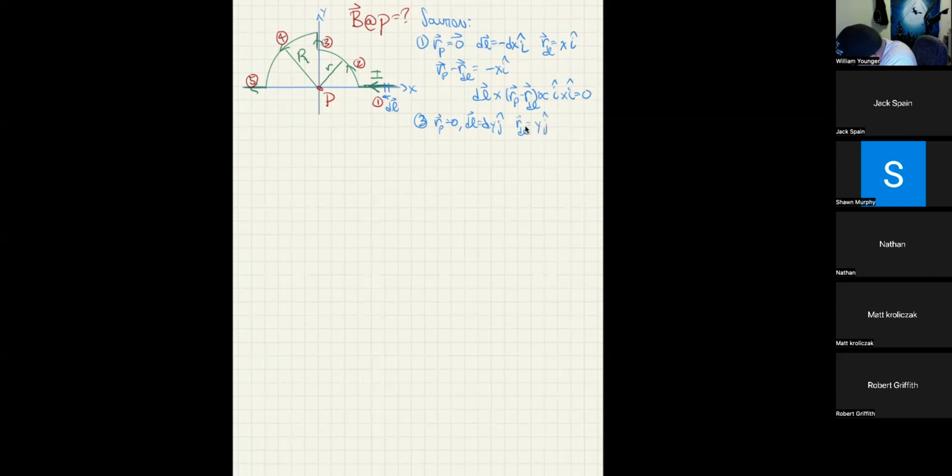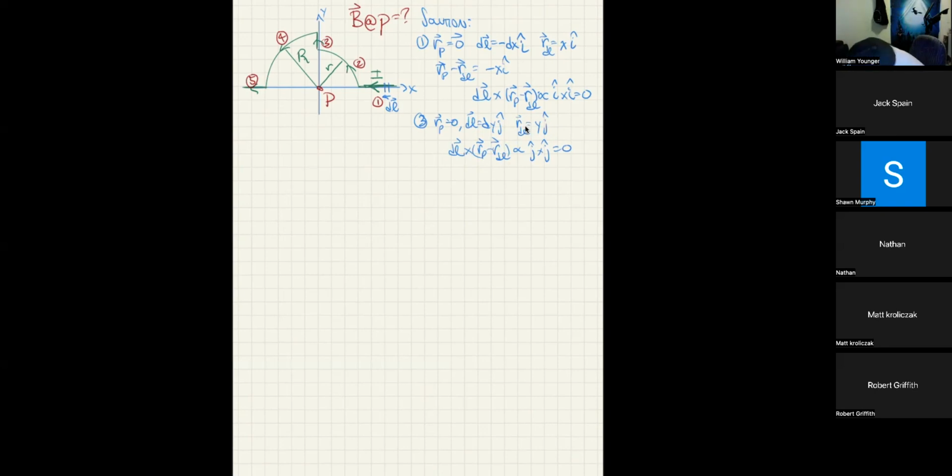So again, DL cross RP minus RDL is going to be proportional to J hat cross J hat, which is equal to 0. So anytime you have a radial line and you're calculating the magnetic field at the origin, all of those radial lines are going to give you a magnetic field of 0.